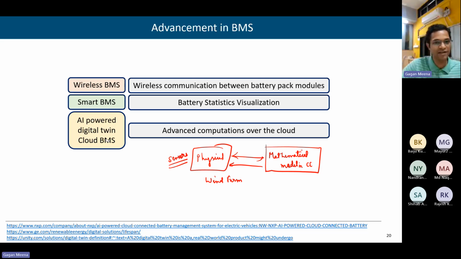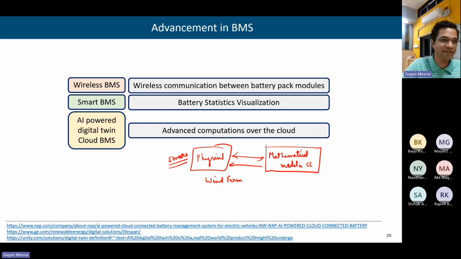It is possible. So here, similarly in BMS, one physical BMS is there, and one BMS mathematical model is also available. A mathematical model of the battery is available on the cloud, and the computation, whatever SOC estimation, everything is happening on the cloud, and it is again being fed back to the actual physical model.